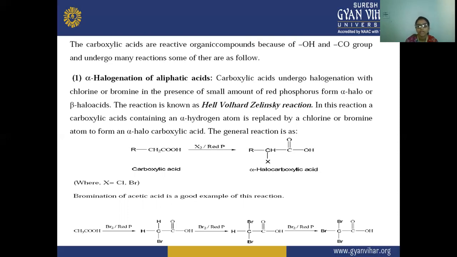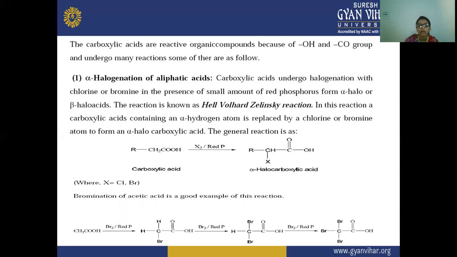Bromination of acetic acid is a good example of this reaction. Here you can see the acetic acid, and on bromination the bromine attacks the alpha position, and the hydrogen is removed from the alpha position.